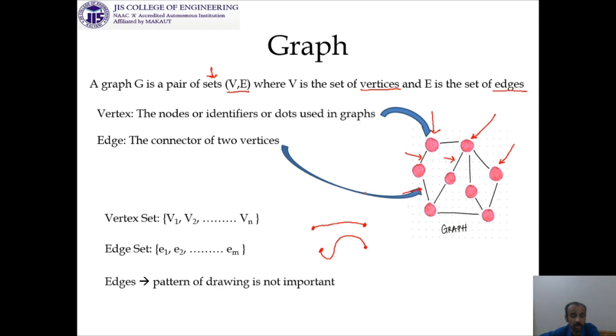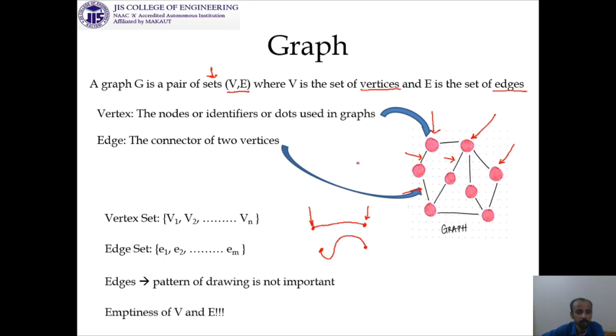But in graph theory the important thing is where an edge started and where it reached, not how it is drawn. Whether they are connected or not is what matters at our level. Obviously, when more terminologies come, we will need more properties on edges, but at this moment it is not the pattern of drawing, it is from where to where it is connected.